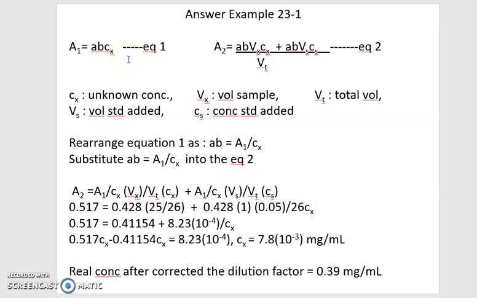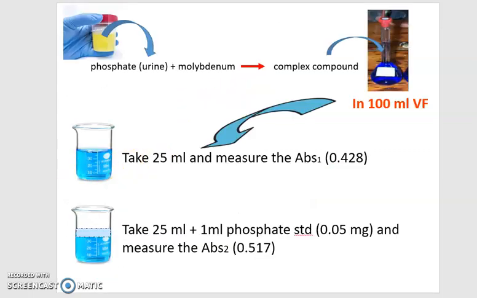Because of that, we want to simplify equation 2 by replacing the Ab with this expression. So we substitute into equation 2. Please take note, the volume of sample is 25 ml.